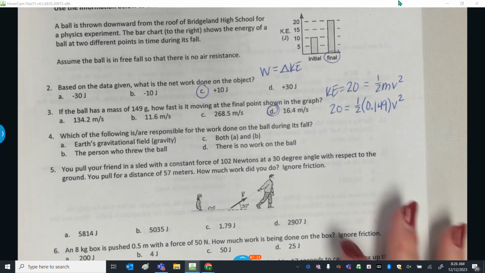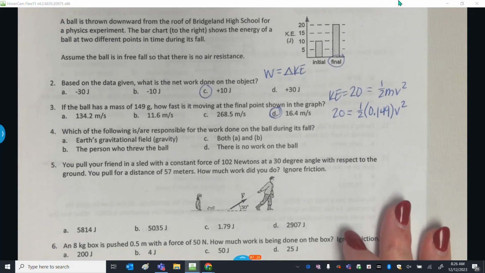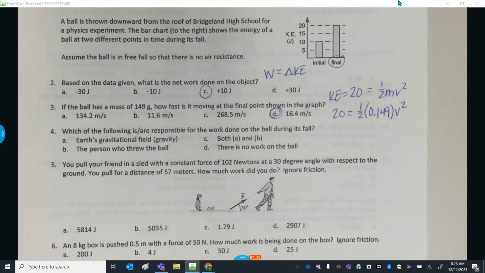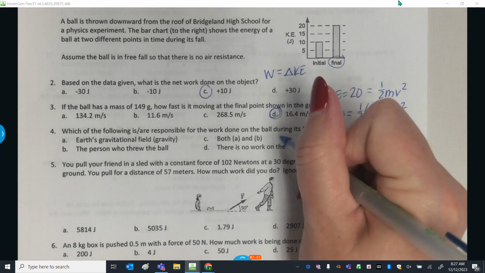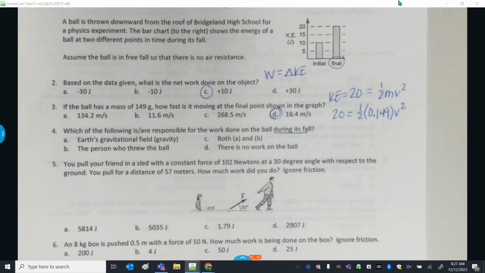Number 4. Number 4 was the most missed question. For y'all, it's actually tied for most missed with one of the other ones, but it is one of the most missed questions. I think it was the most missed question overall in all of classes. It says, which of the following is or are responsible for the work done on the ball during its fall, while it is falling?